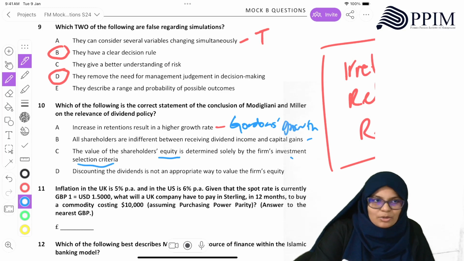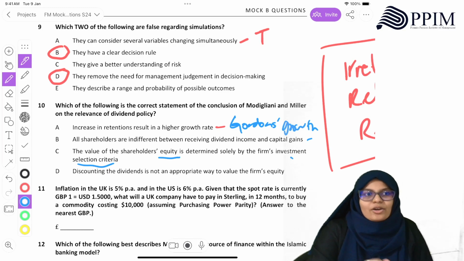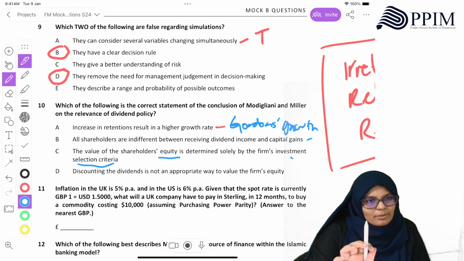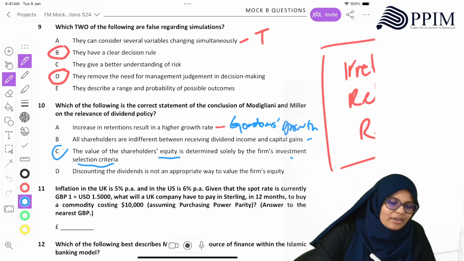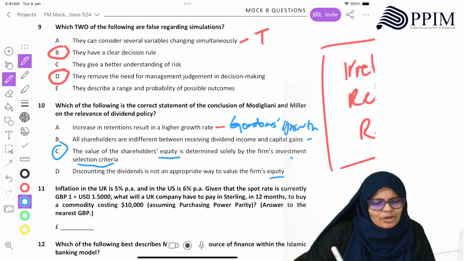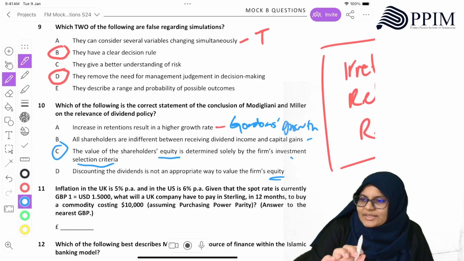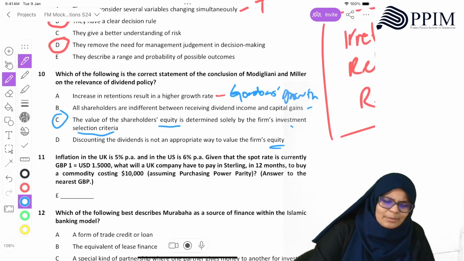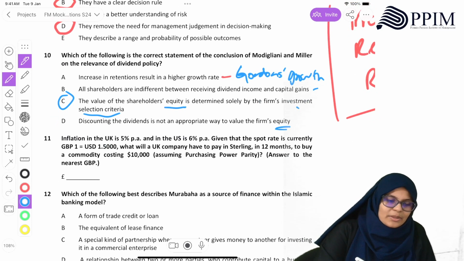Even if you are giving a small dividend, they don't mind as long as you are properly investing in positive NPV projects. If you are not investing and you are not giving a dividend also, then there is a problem, right? So this is part of the relevancy theory. D is saying discounting the dividends is not an appropriate way to value the firm's equity. They don't talk about that in the dividend policies, so that is completely out. So the answer there will be C.